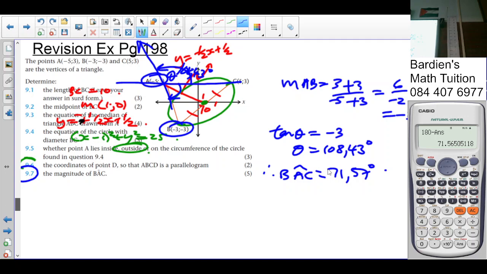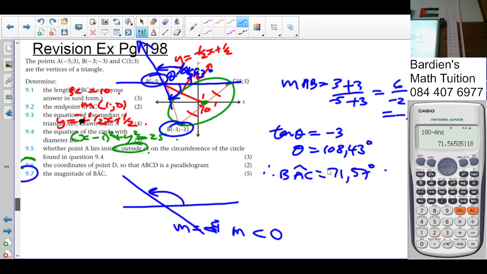Why? Remember that if it's an obtuse angle, the gradient will be negative. So the gradient will be less than 0, which means negative. But what result is this? It's actually an angle that is greater than 90, but less than 180. So by having a negative angle, it is actually this angle that is worked out.